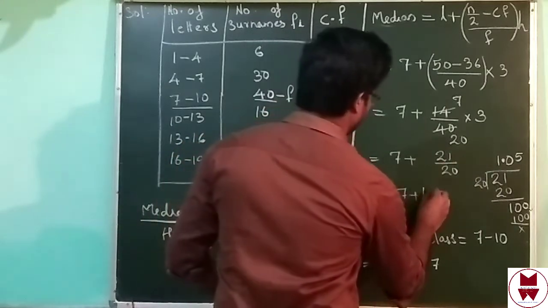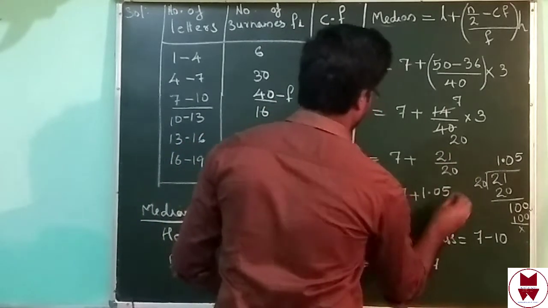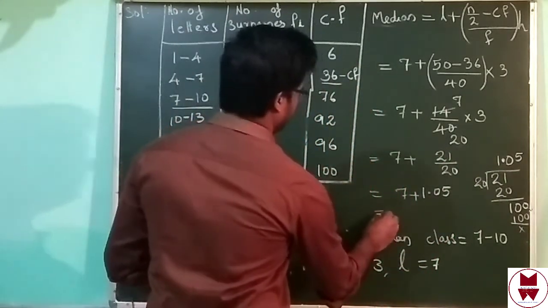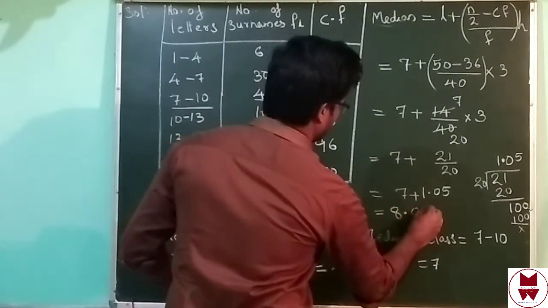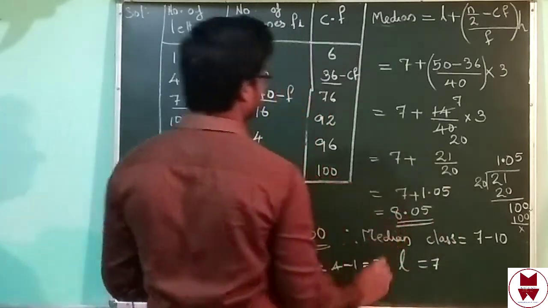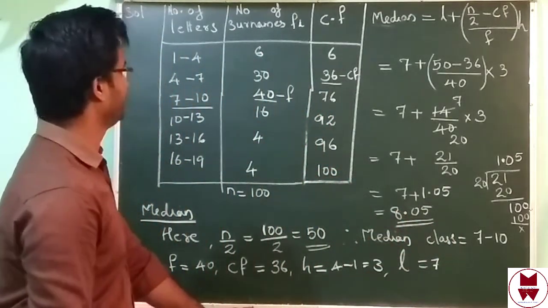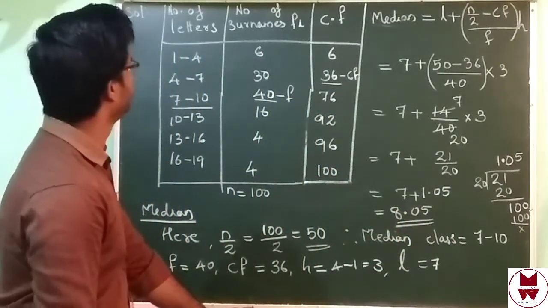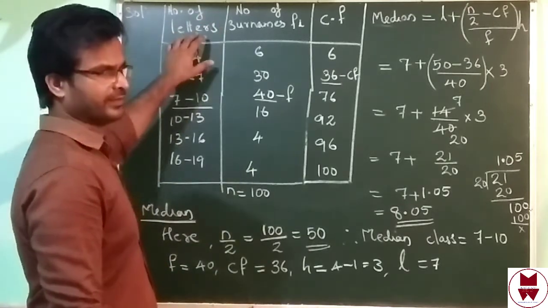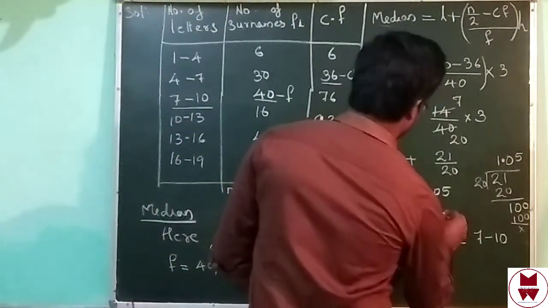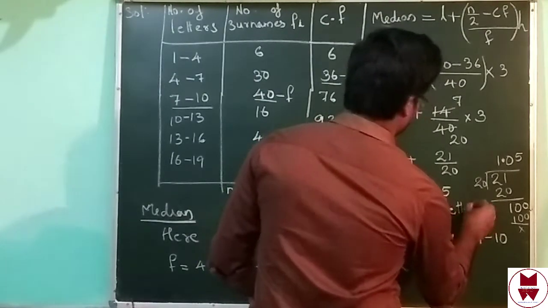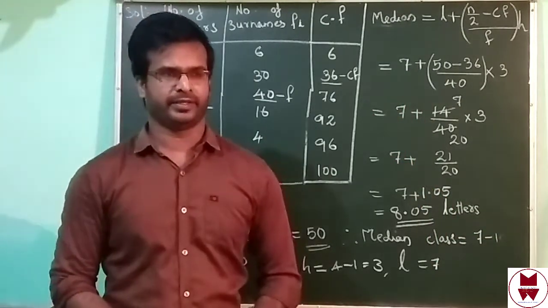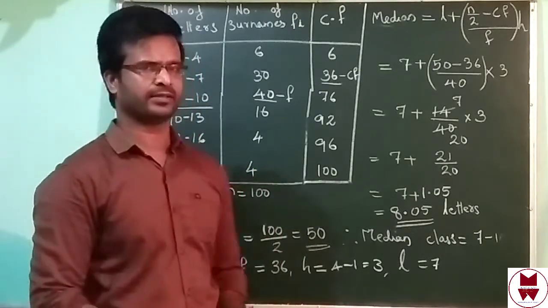Then we will get 1.05. 7 plus 1.05 equals 8.05. Then what will be our unit? Number of letters, isn't it? That means 8.05 letters. Now we got median.